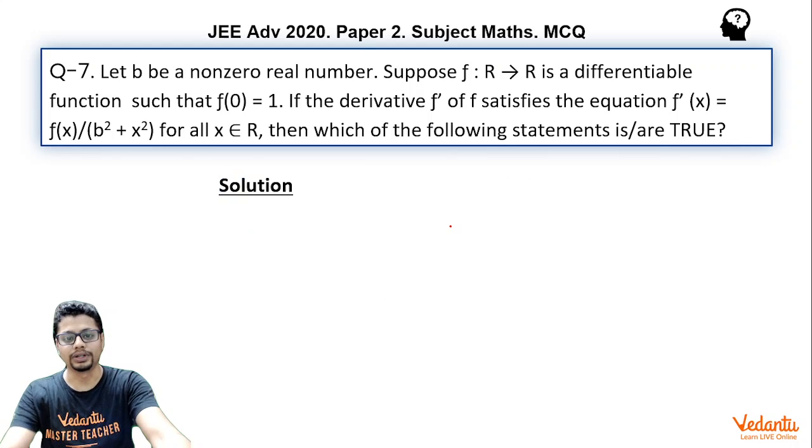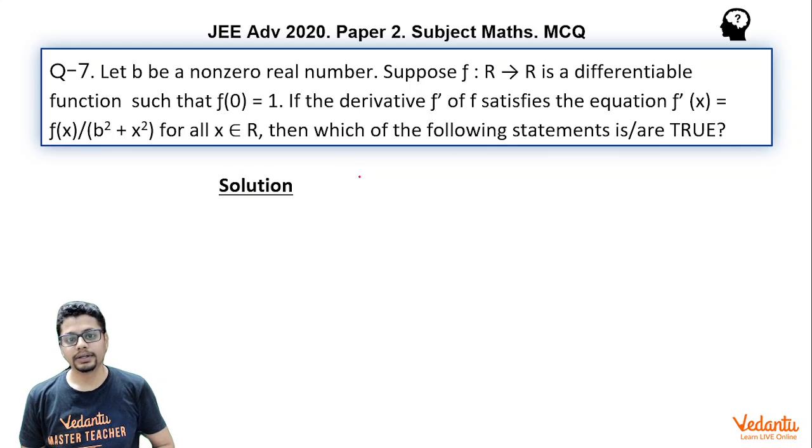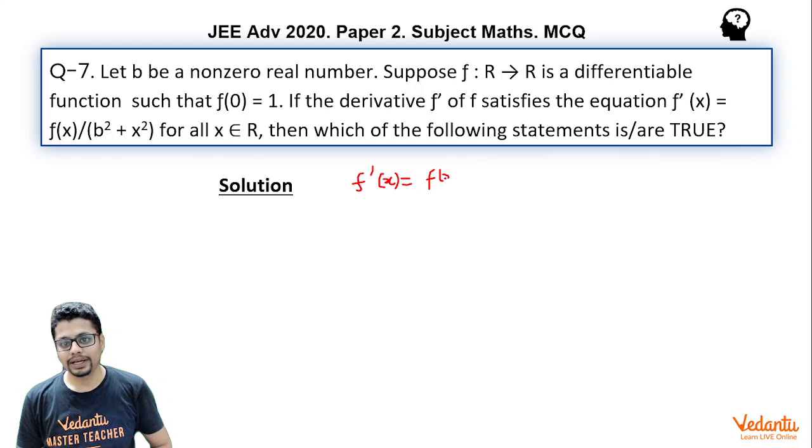So let's solve it. Here f prime x is equal to f of x divided by b square plus x square. This f prime x I may also write as df by dx, where f is f of x.